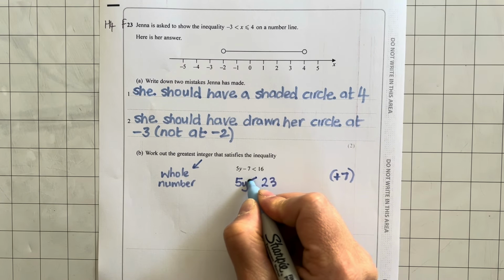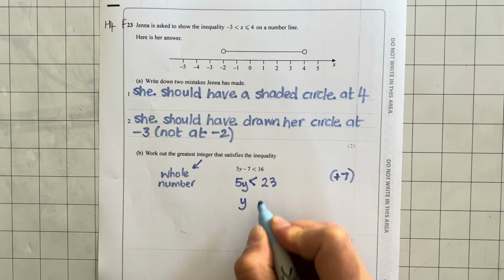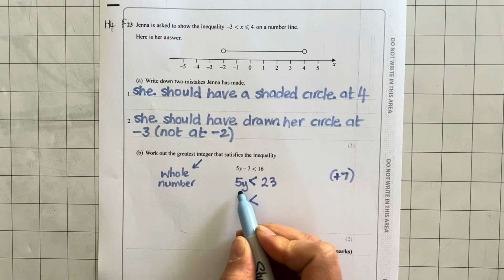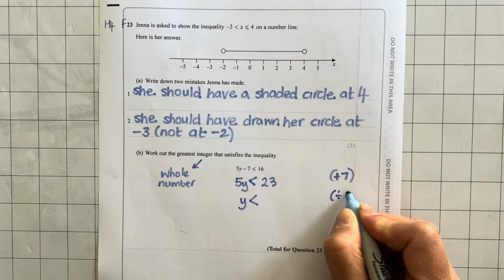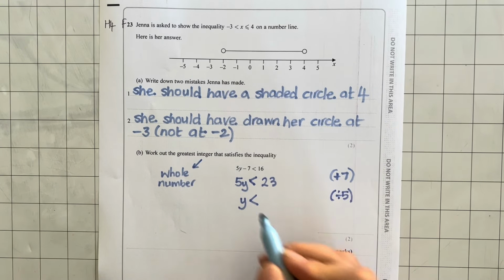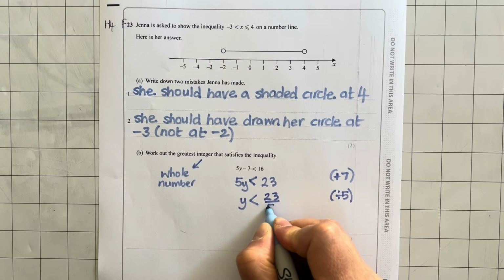We need to keep the inequality. To get just y on the left-hand side, we need to divide the 5 y's by 5. This will give us just the 1y. So if we're dividing the left-hand side by 5, we need to divide the right-hand side by 5.